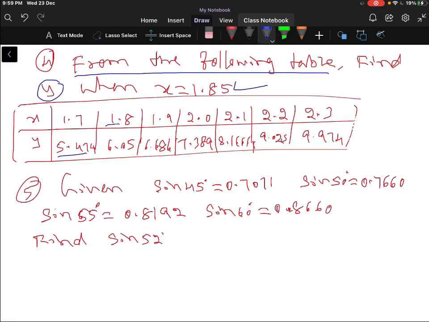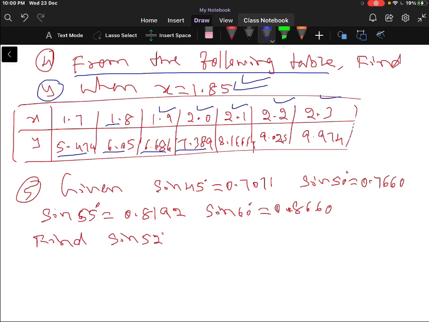X equal to 1.7, y is 5.474; x is 1.8, y is 6.05; x is 1.9, y is 6.686; x is 2.0, the y value is 7.389; x is 2.1, y value is 8.1666; at x equal to 2.2, the y value is 9.025; at x equal to 2.3, y value is 9.974.